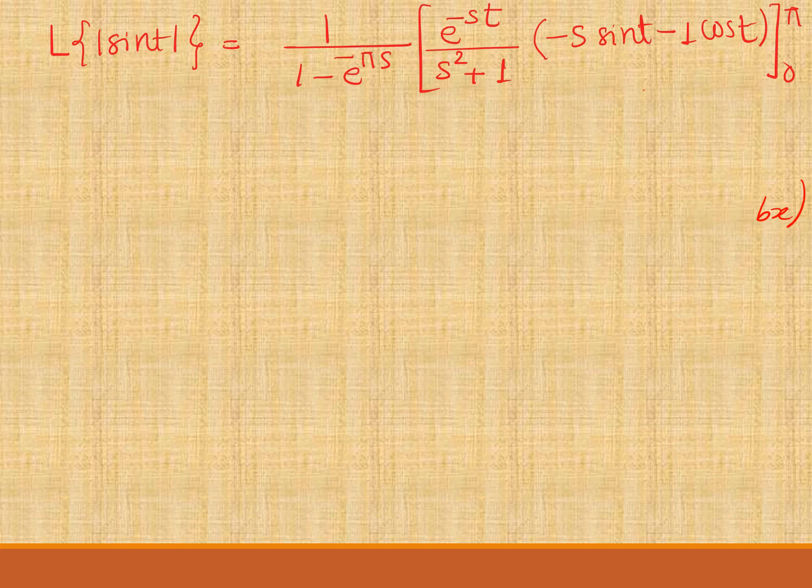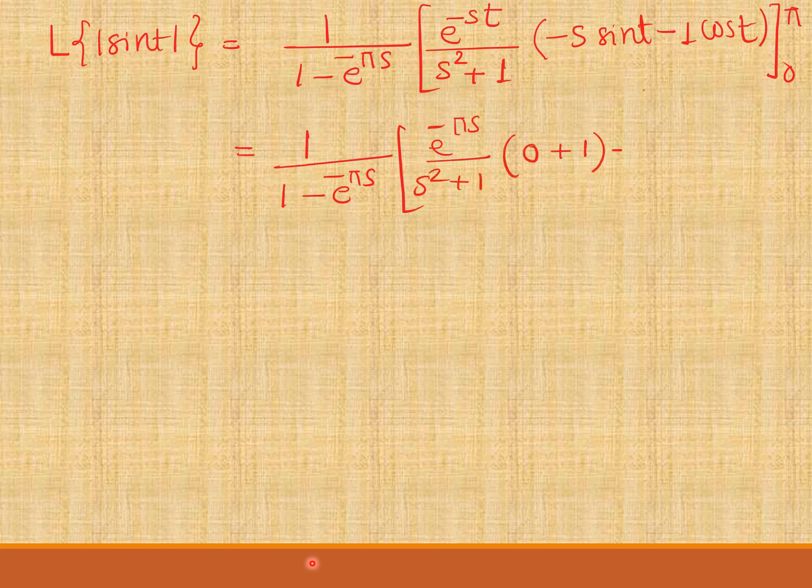Further, if we substitute the upper limit and lower limit, we get 1 upon 1 minus e raised to power minus pi s. For upper limit pi, we have this term, and for lower limit, that is 0, for t equal to 0, we get this term. Now the denominator is same for both the terms, that is s square plus 1.